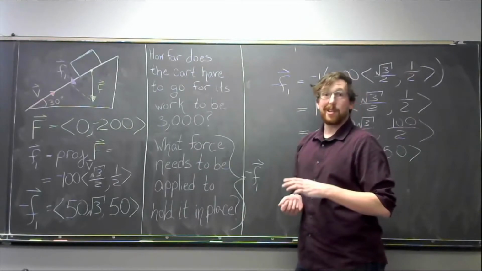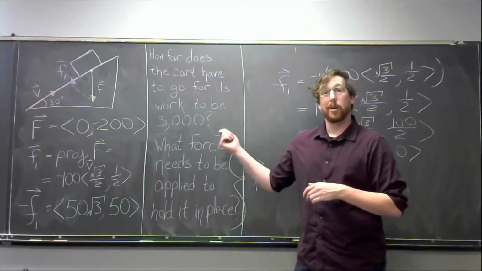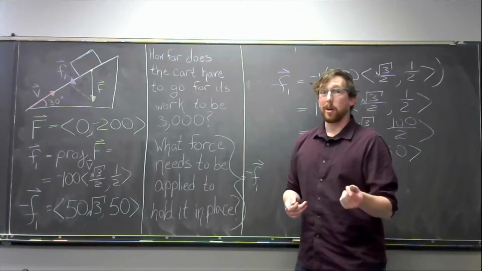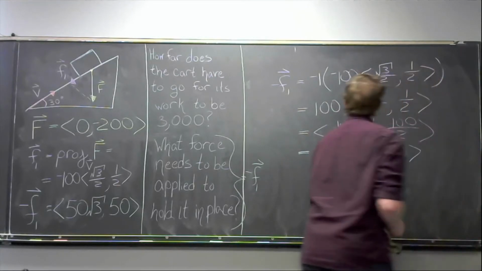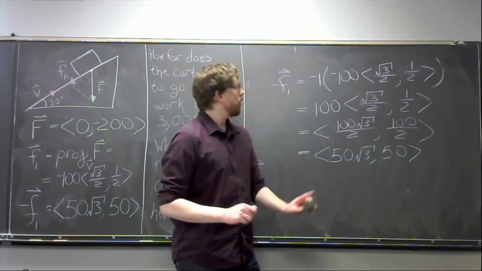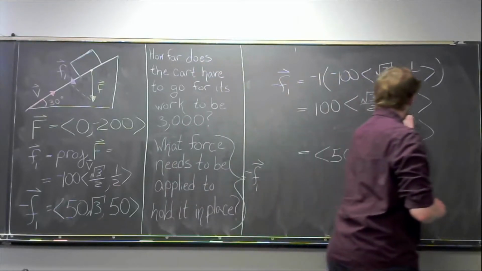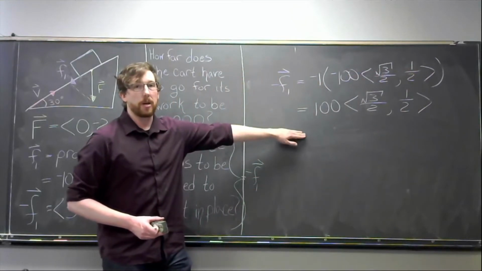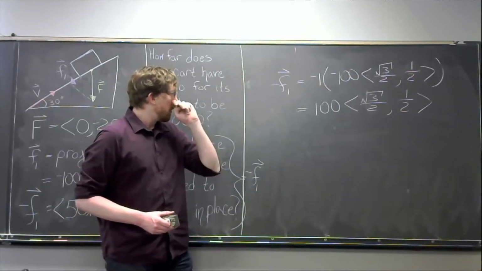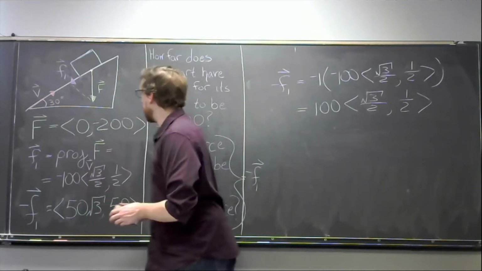Okay, that was a lot, just for the first part. But the first part sets up the second part to be pretty quick. Now, notice from all of this, what we've got here.